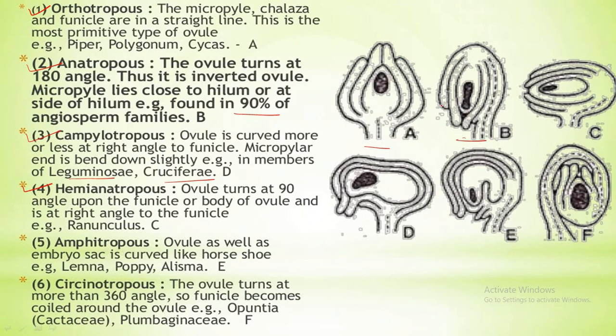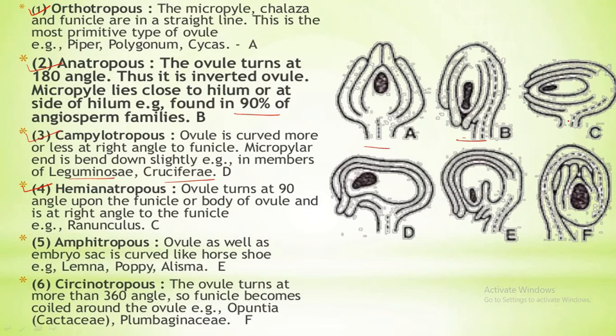You can see the inverted ovule here, where the micropyle comes down and the chalazal end is up. In the first case, this is the micropyle and this is the chalazal end. But this is completely inverted, so what will we call it? Anatropous. Then the third one is campylotropous, where the ovule is curved more or less at a right angle to the funicle.